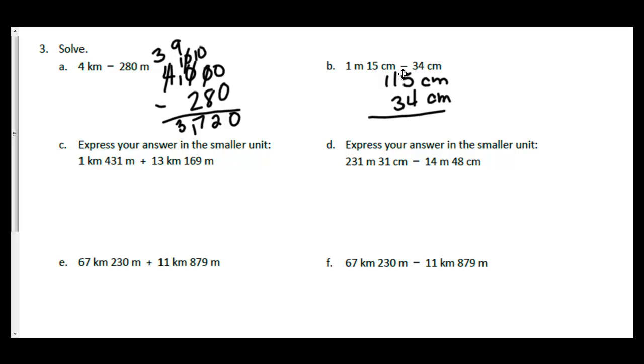I'm already subtracting the ones, but in the tens, I'm going to have to decompose. This is an 11. 5 minus 4 is 1, and 11 minus 3 is 8. So I have 81 centimeters.